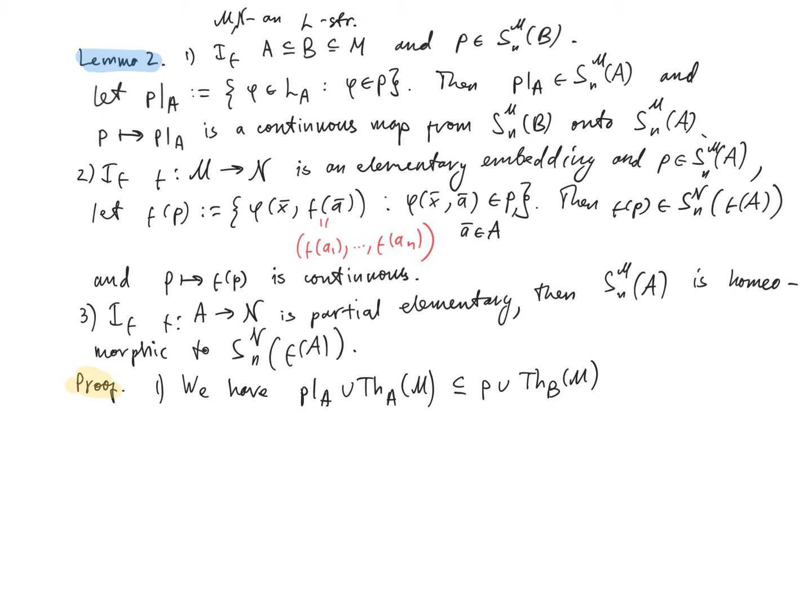So it particularly contains all sentences with parameters from A that hold in M. So we have this containment, and we know that the larger set is satisfiable by the assumption that p is a complete type over B. So then p restricted to A together with the A-theory of M is also satisfiable.